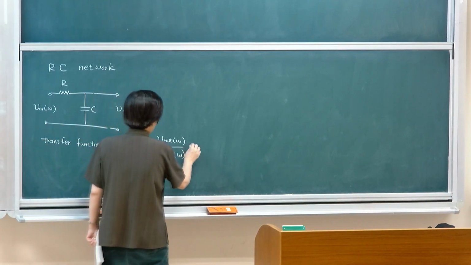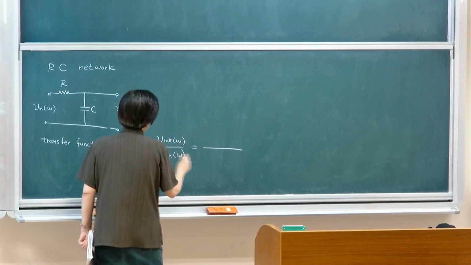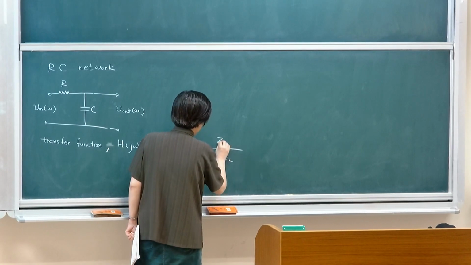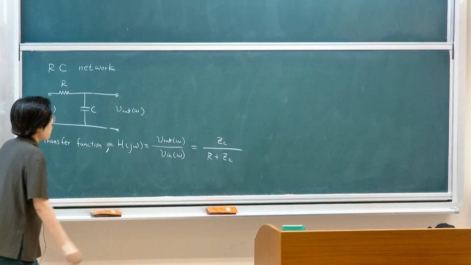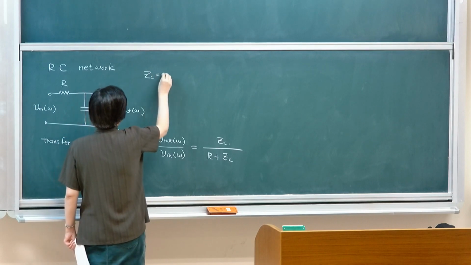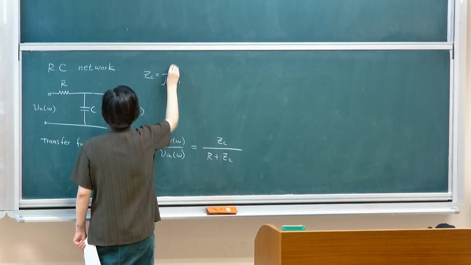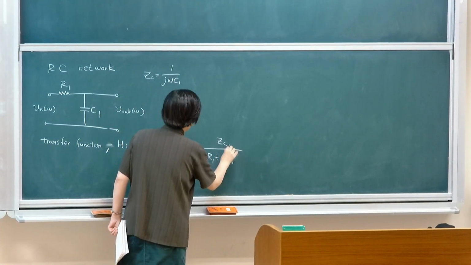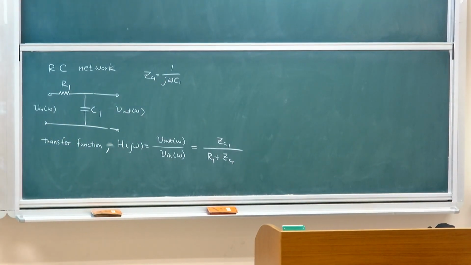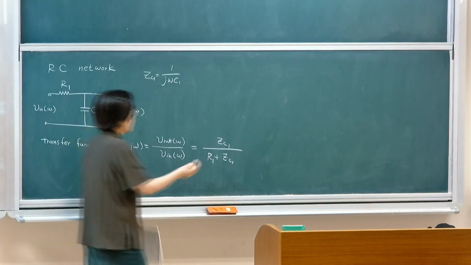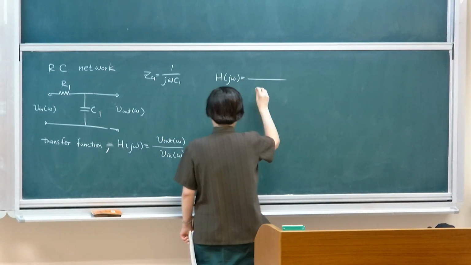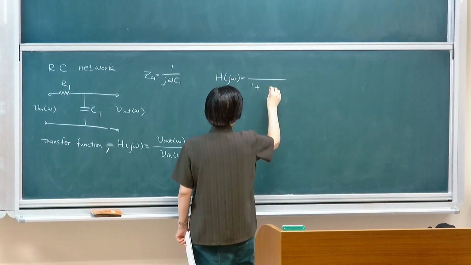And this will then be, if I'm using simply a voltage divider, ZC over R plus ZC, where ZC is the impedance of a capacitor. Everyone knows that the impedance of a capacitor is 1 over j omega C. Let me just give a label. So for this capacitance, it would introduce an impedance of 1 over j omega C1.